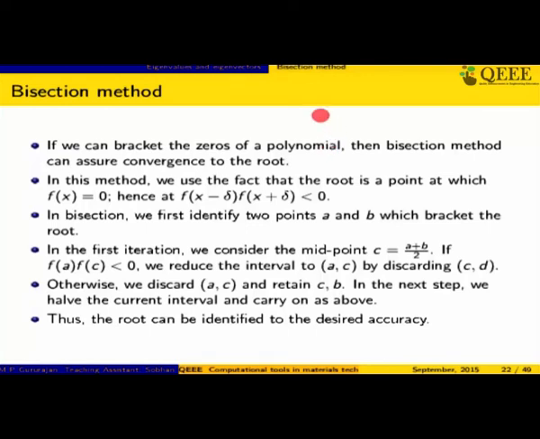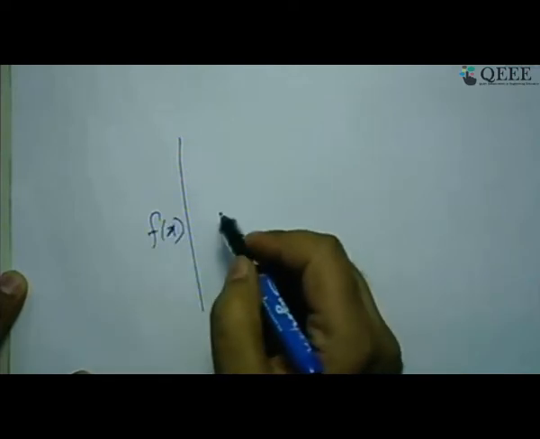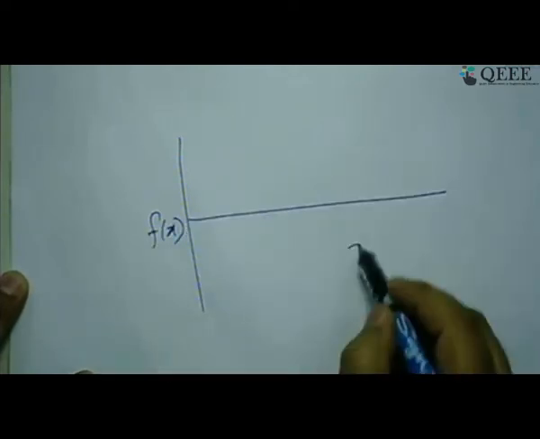What is the idea in the bisection method? It is very, very simple, and I would like to show that it's a very neat idea. So what do I have? I have some f of x. These are the x values.